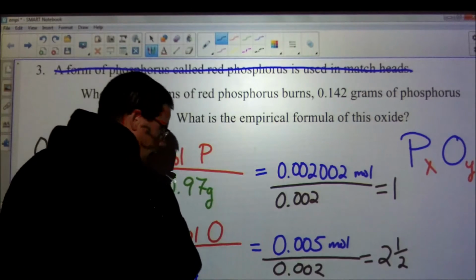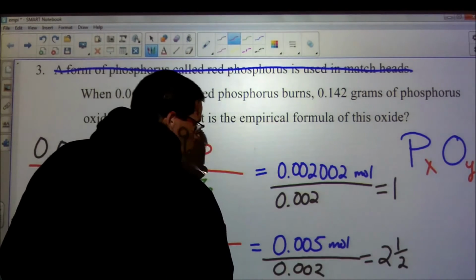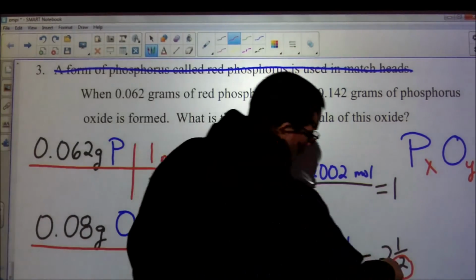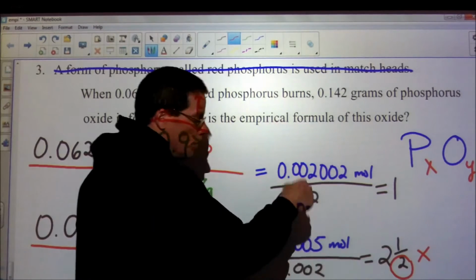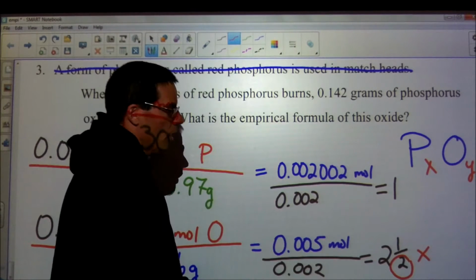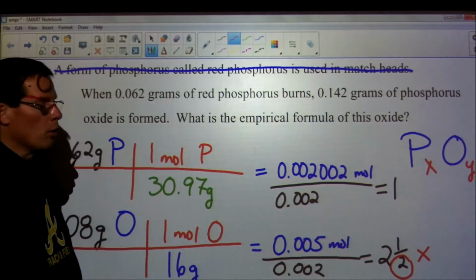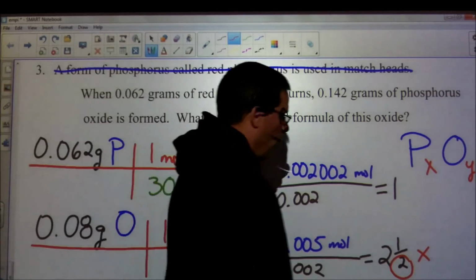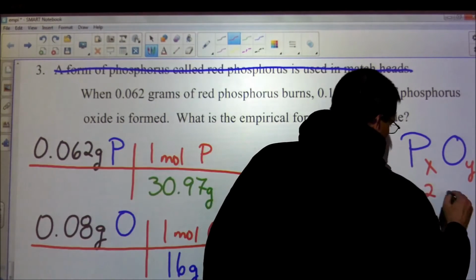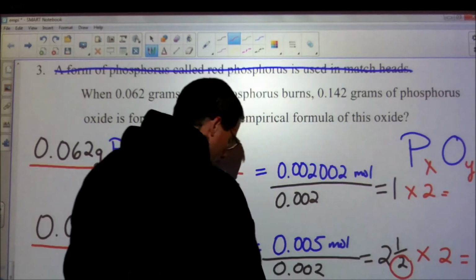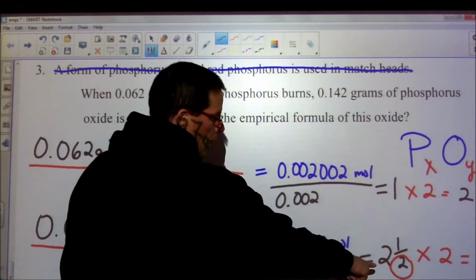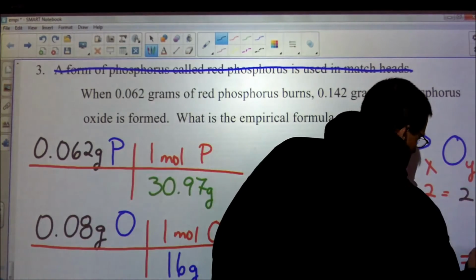We can't have fractions or decimals, and this is too large a decimal to just round. So we'll multiply both by 2. Now we get a value of 2, and 2.5 times 2 is 5.